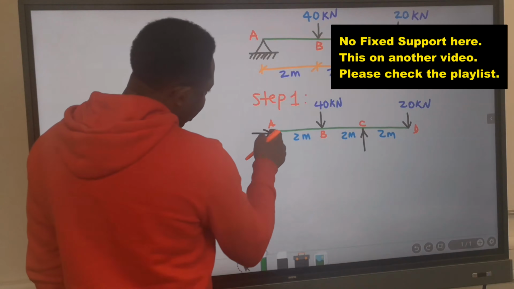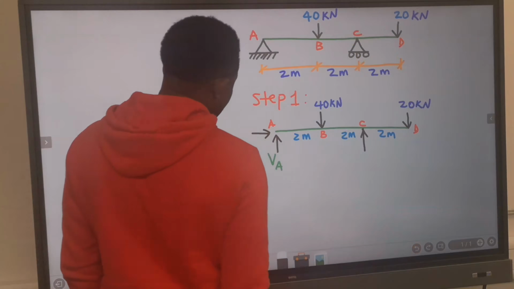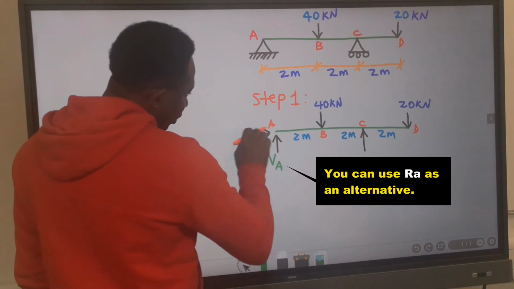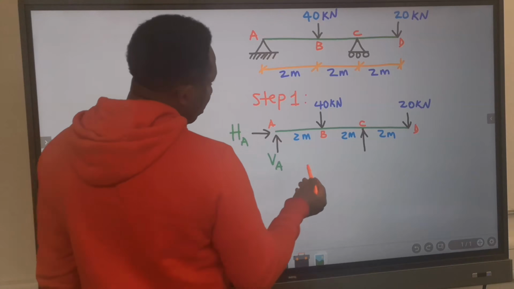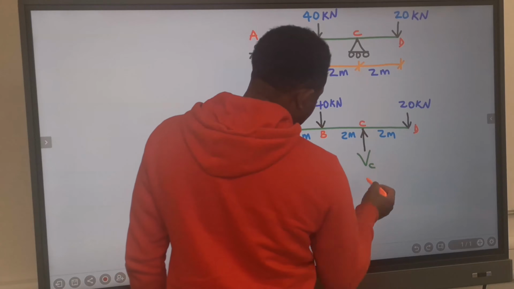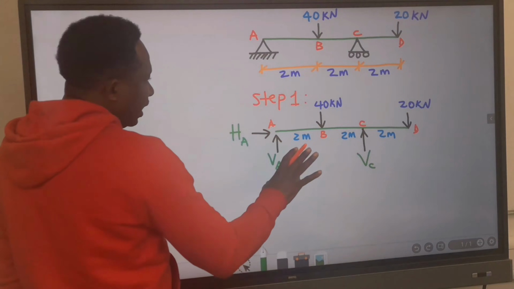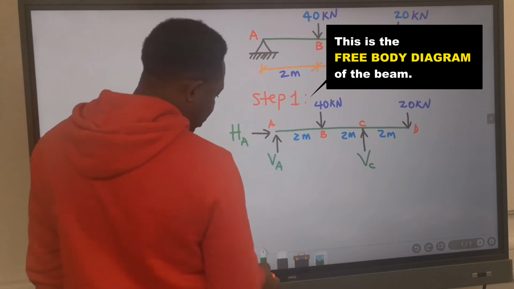For this point A, we're going to have V subscript A. And for the horizontal force, we're going to have H subscript A. At point C, we're going to have V subscript C. With this, we can now move to step number 2.